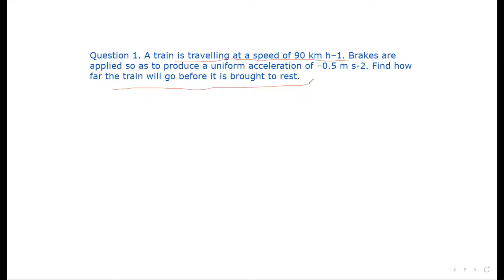So let's find out what information they have given to us. A train is traveling at a speed of 90 km per hour. So initially, the train was moving at 90 km per hour. We have to write it here. Then brakes are applied.